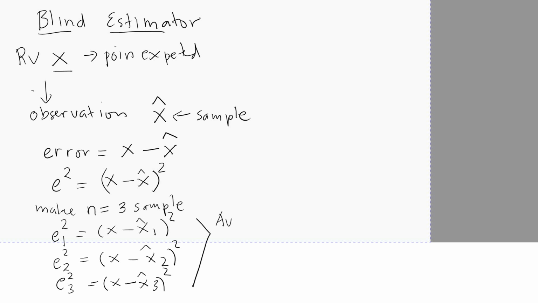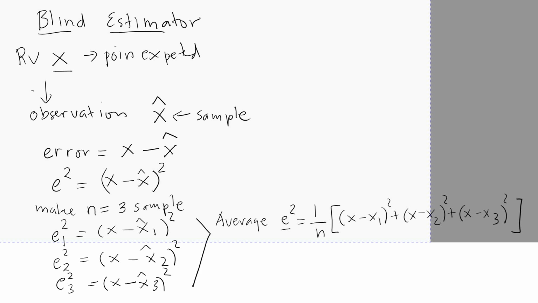Average error, we can simply write x minus x1 squared plus x minus x2 squared plus x minus x3 squared, and then divide by n, which is 3.